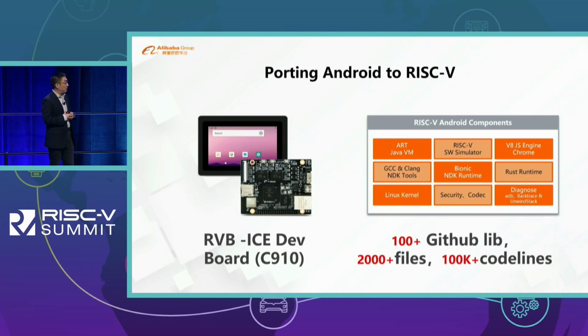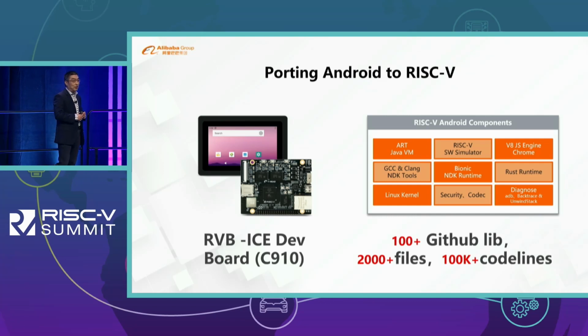The next one is Android. Android is everywhere, especially in mobile computing. Early this year, we successfully started work to port Android to RISC-V. The left-hand side is the board that we used, and that chip includes the C910. C means compute, so it's a high performance computing RISC-V machine.